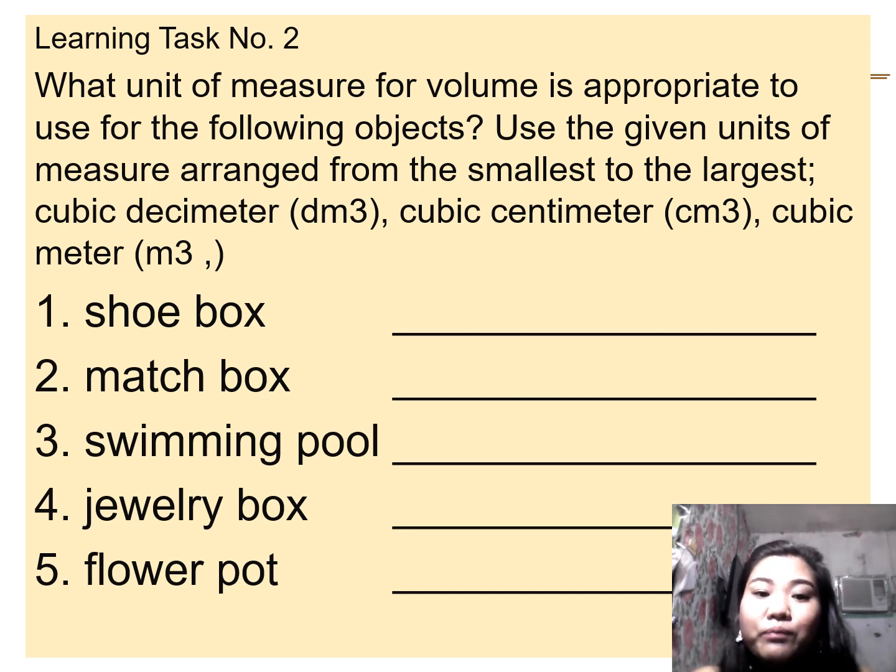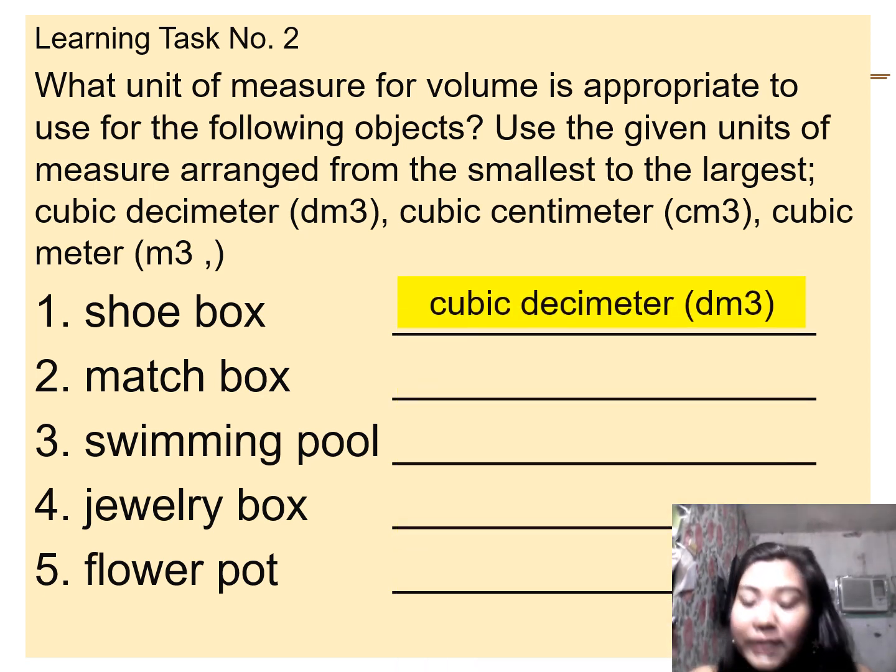Use the given units to measure, arranged from smallest to largest: cubic centimeter, cubic decimeter, and cubic meter. For an example, which measurement will you use? The appropriate unit depends on the object. Take the shoebox. What unit do we use for a shoebox? We use cubic decimeter.